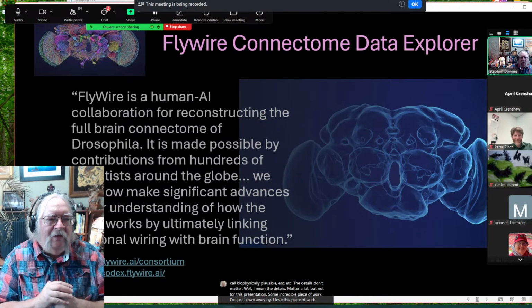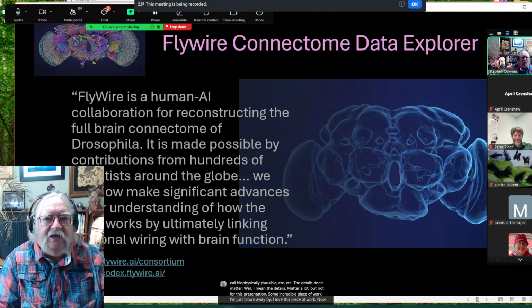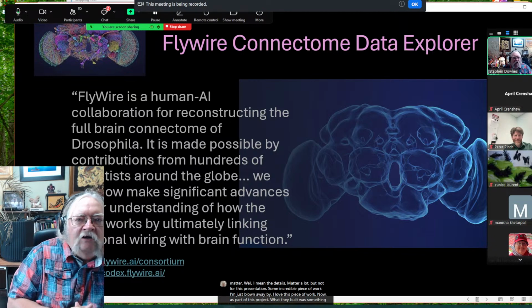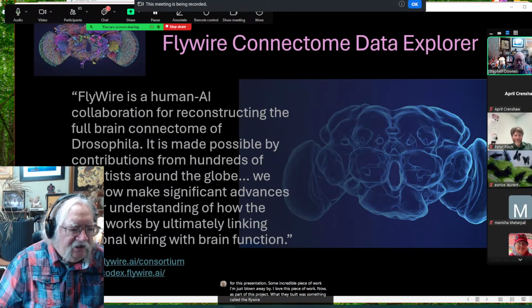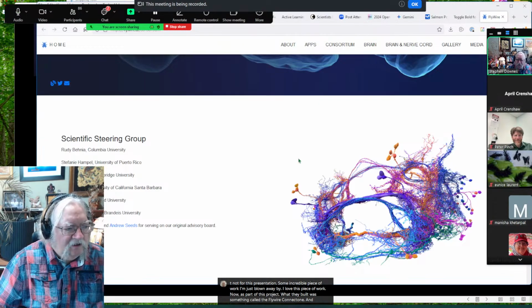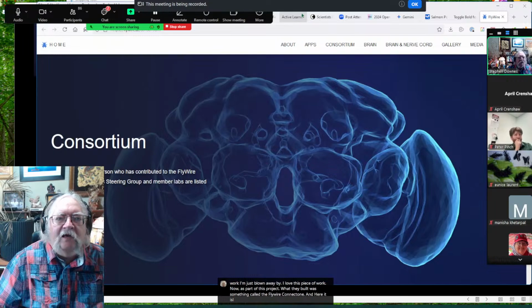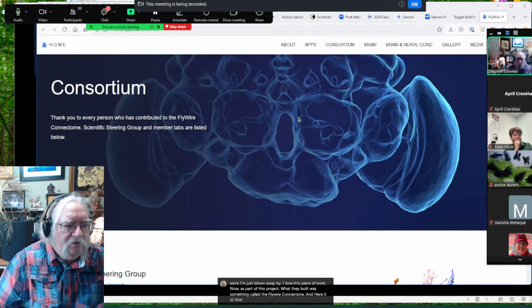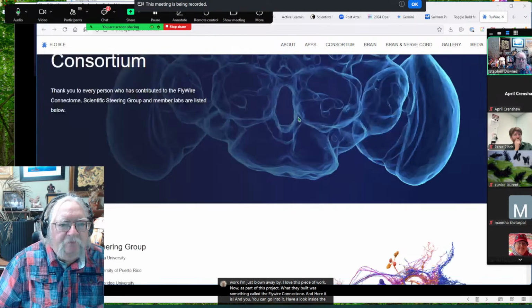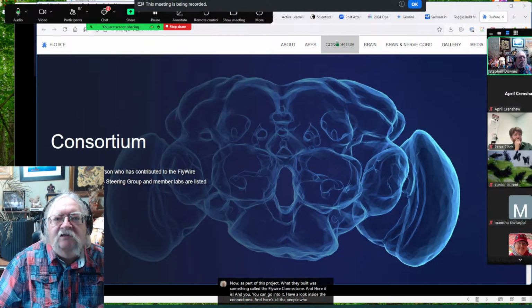Now, as part of this project, what they built was something called the Flywire Connectome Data Explorer. And here it is. You can go into it, have a look inside the connectome, and here's all the people who were involved in it.